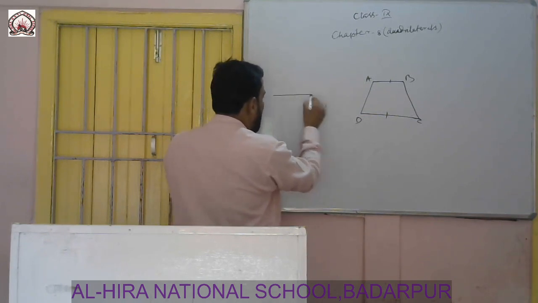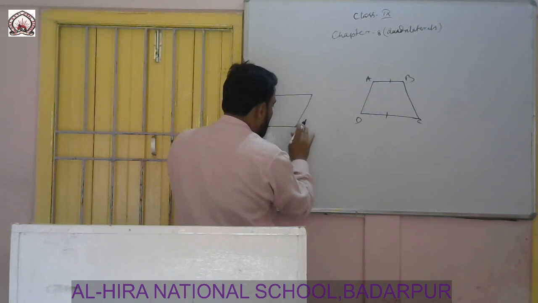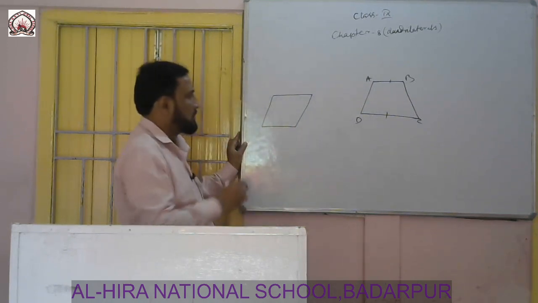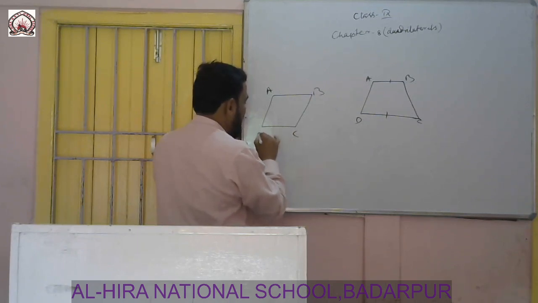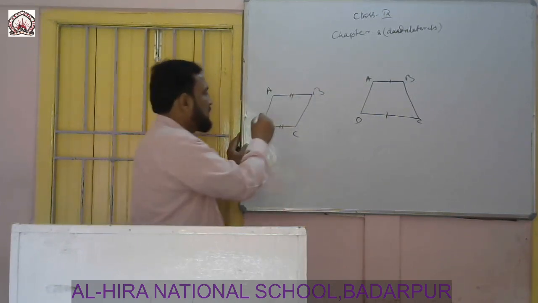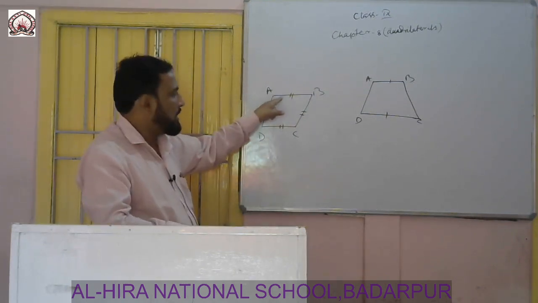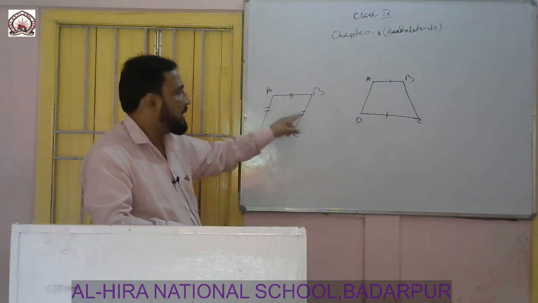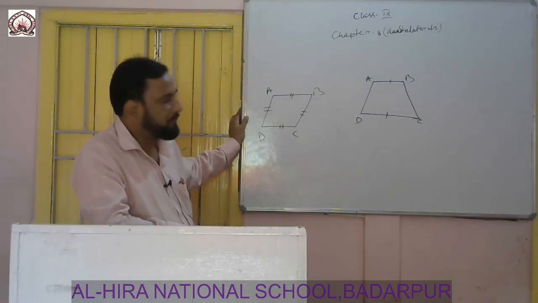This is a quadrilateral ABCD. AB is opposite to CD, AD is opposite to BC. Opposite sides are equal and parallel. So it is a parallelogram.